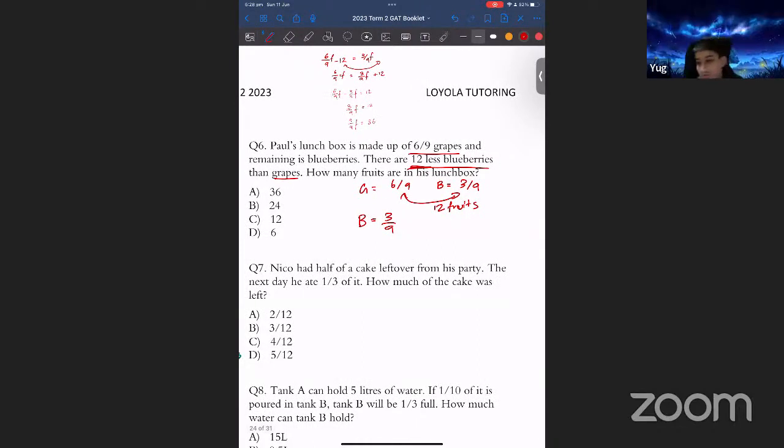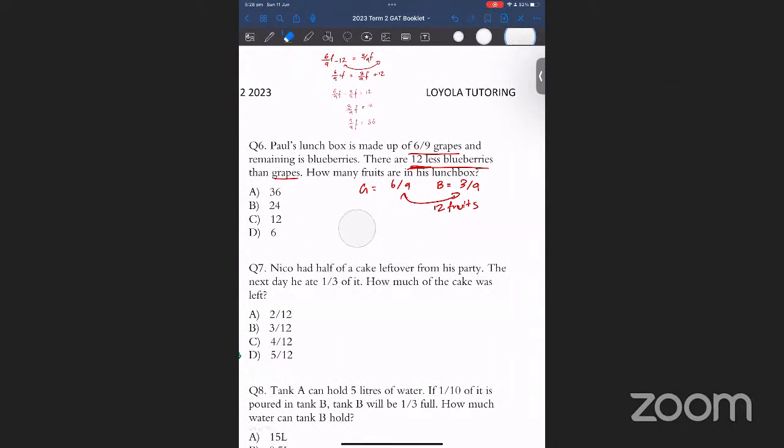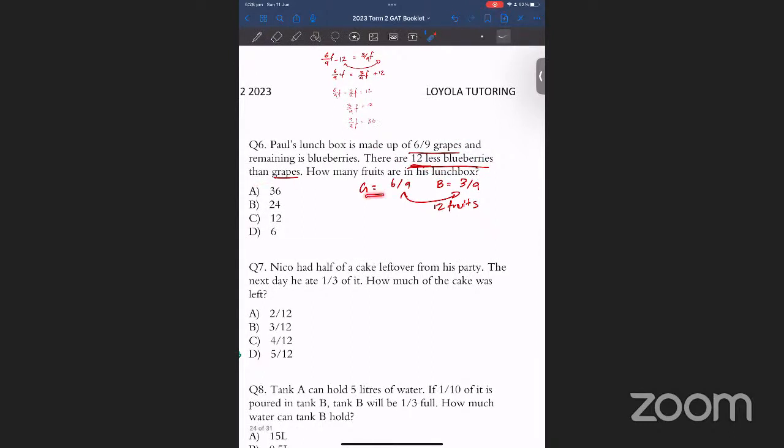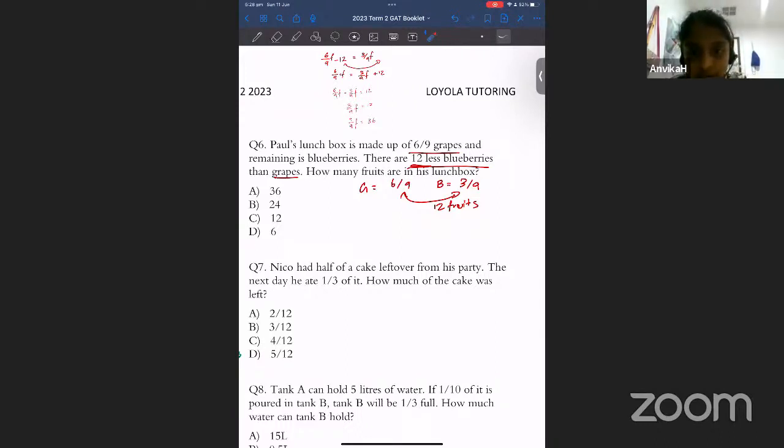So in the question, it says there are 12 less blueberries than there are grapes. Do you see it in the question? So the difference between grapes and blueberries is 12 fruits. Do you understand? No, I don't understand how it's in between both of the fractions. It's 12 fruits.